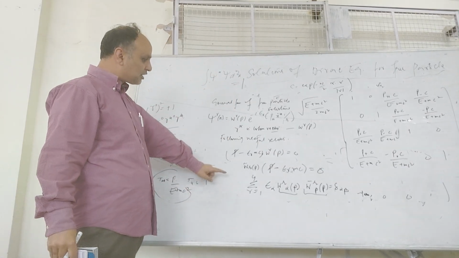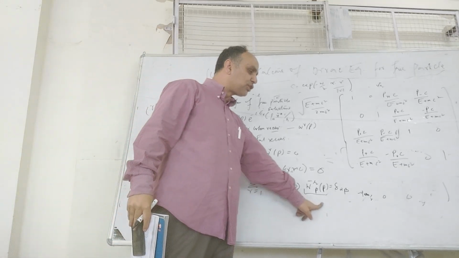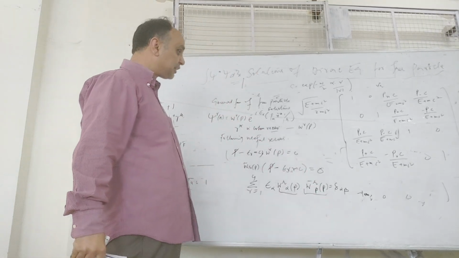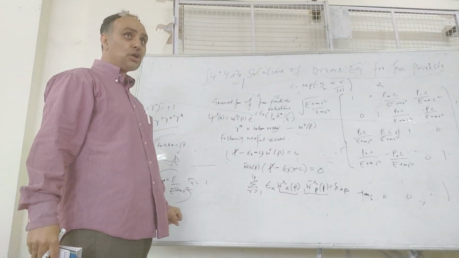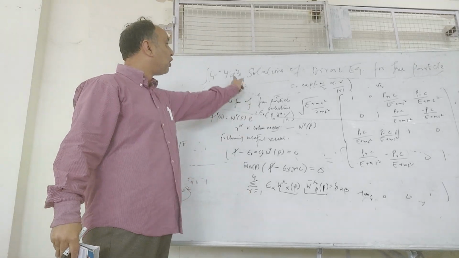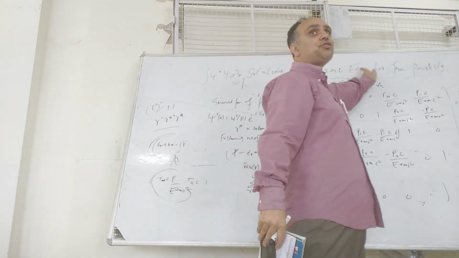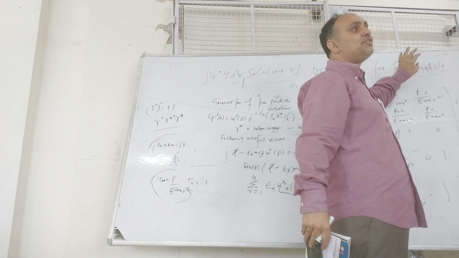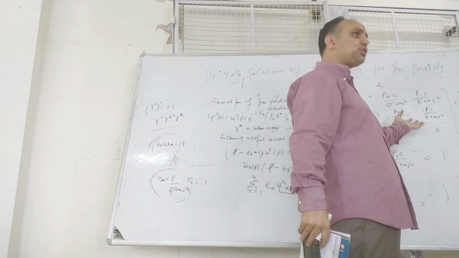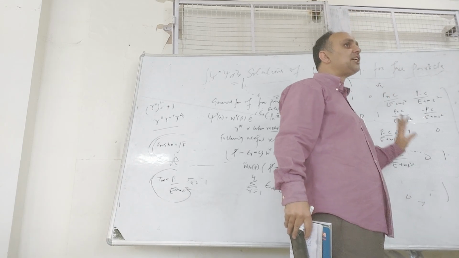So in the same way it's also a sort of normalization of these probability densities of the solutions of the Dirac equation for free particles, which includes both positive solutions as well as negative solutions.